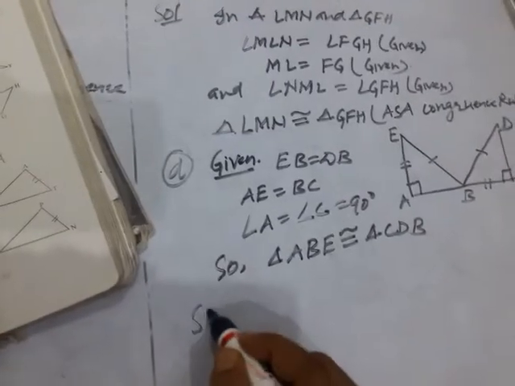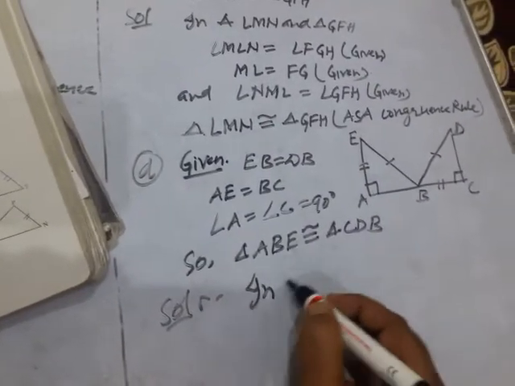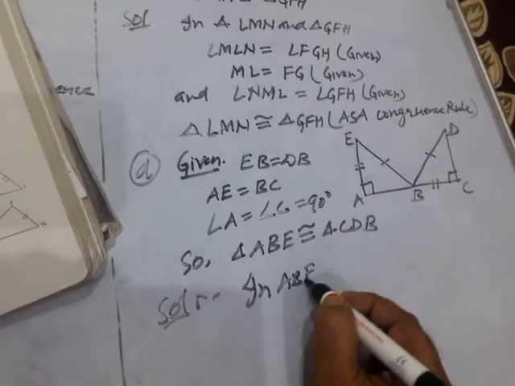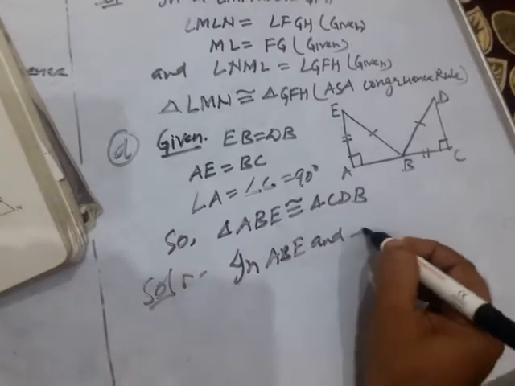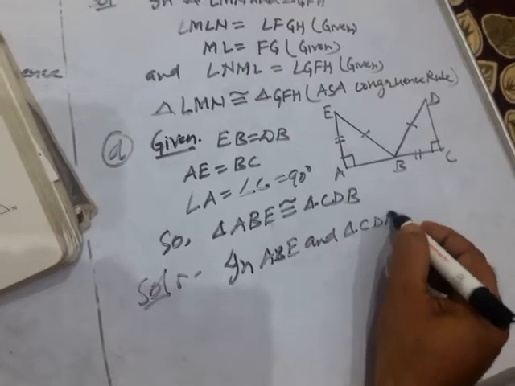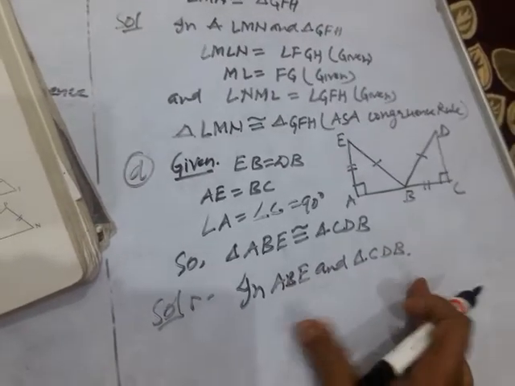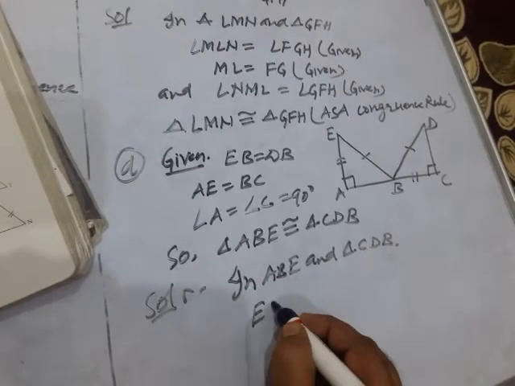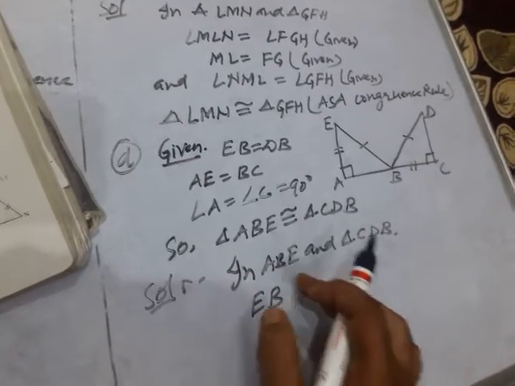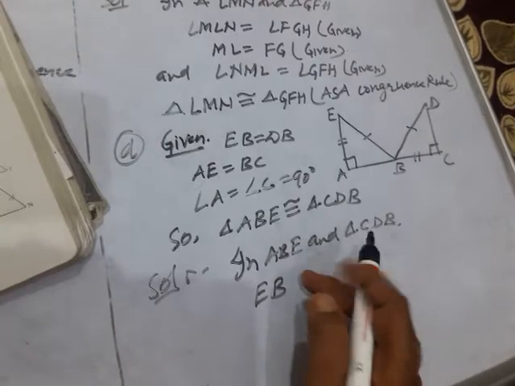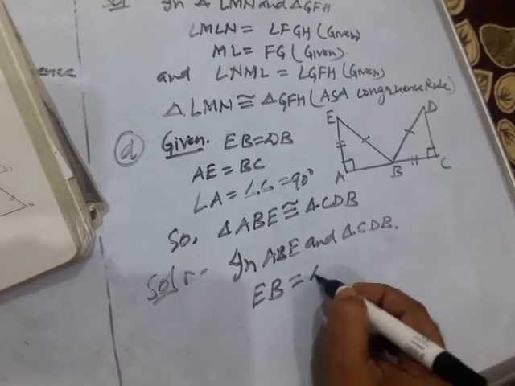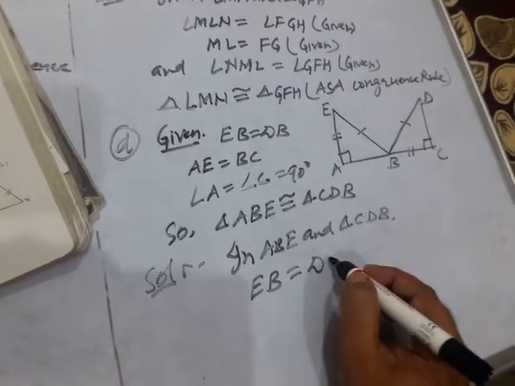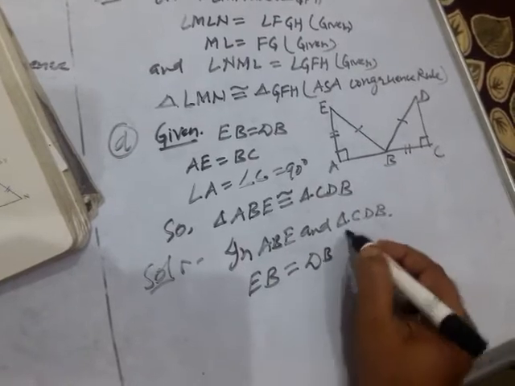Now, how will you solve the question? How will you write it in your copy? Here you write: in triangle ABE and triangle CDB, what is given? EB is the side of the first triangle. EB equal to DB, or BD, whatever you write, that is given.